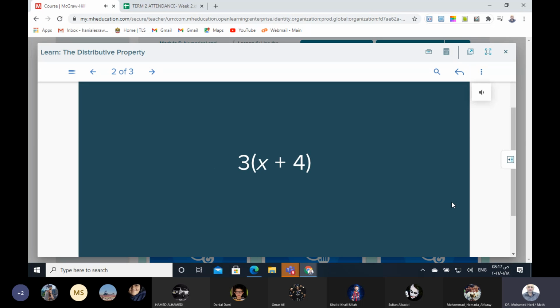Finally, consider the expression 3 times the quantity x plus 4. To apply the distributive property, multiply each term inside the parentheses by 3: 3 times x plus 3 times 4. The expression can be written as 3x plus 12.